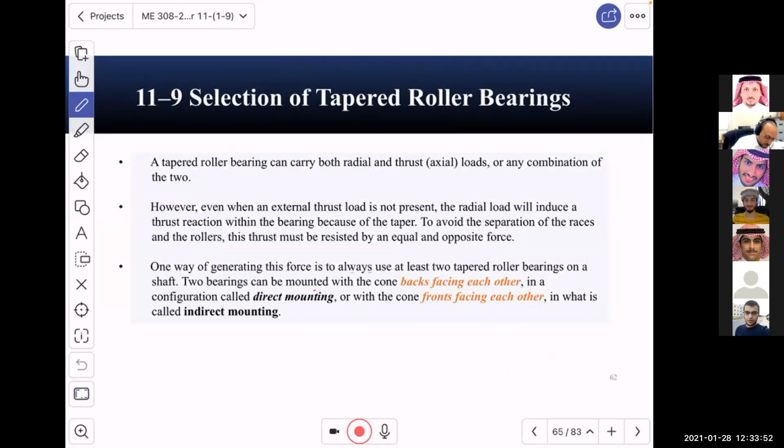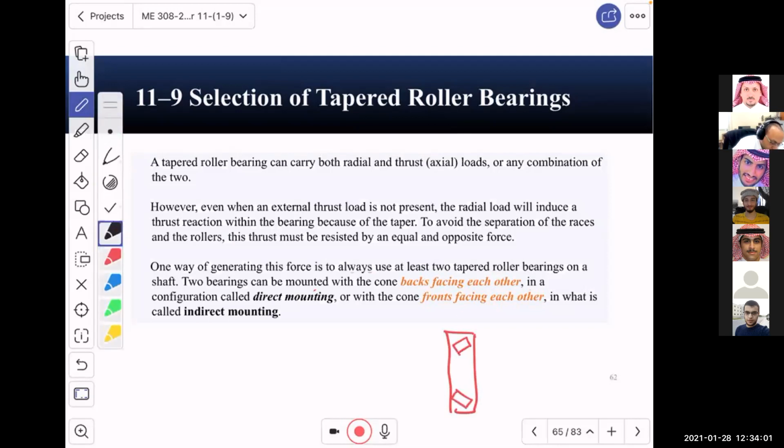If you have a tapered roller bearing like this installed, and then you apply only radial load, what will happen? Automatically, because of this tapered geometry, the bearing will generate F axial, which is a thrust load, and it will generate F radial.